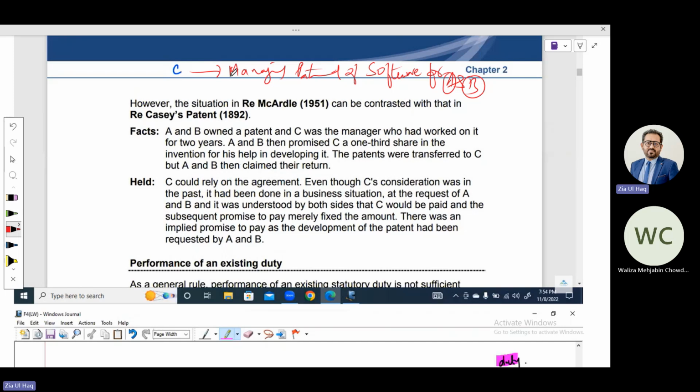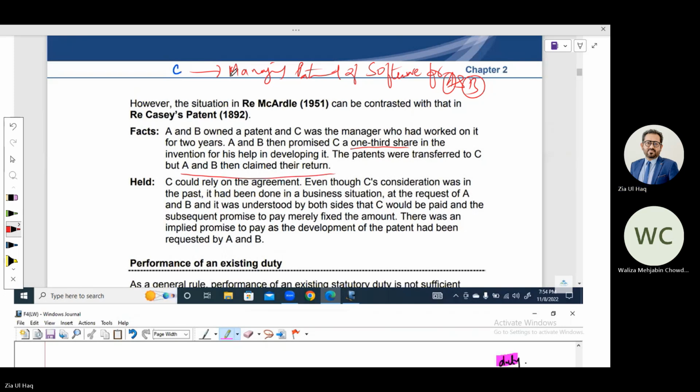A and B then promised C a 1/3 share in the invention for his help in developing it. Meaning we will pay you 1/3 of the profit when we sell the software, as you have helped in managing the patent. The patent was transferred to C, but A and B then claimed it back.